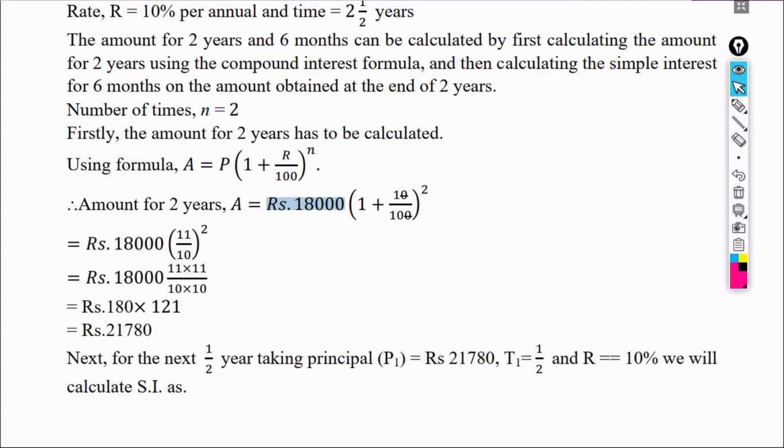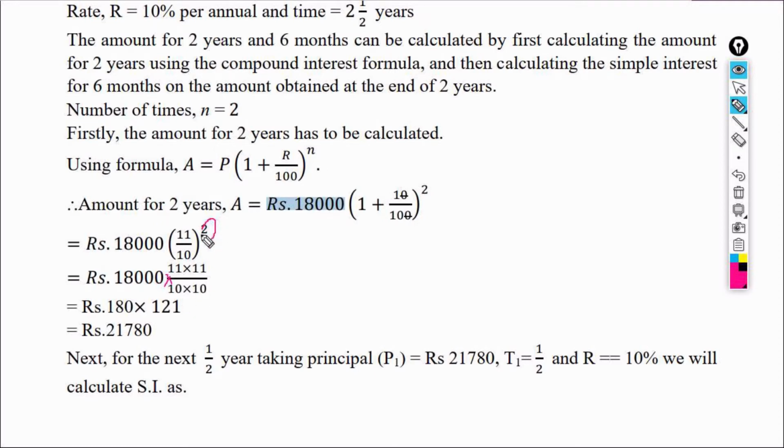Just cancel 0 and after simplifying you will get inside the bracket 11 by 10. Now just simplify it. That's rupees 18,000 into 11 by 10 into 11 by 10, since power is 2 here.